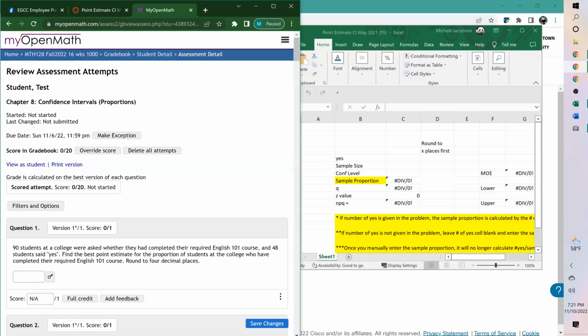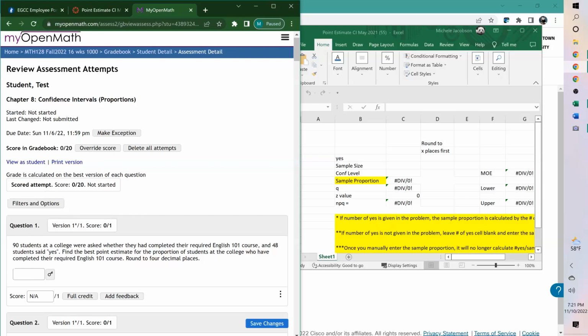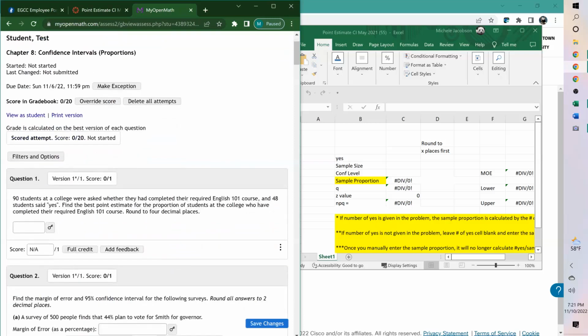Okay. Find the margin of error. And did they give us like a percent, like alpha? No, I don't think we got into these yet. This is chapter 8. This is for confidence intervals, proportions.